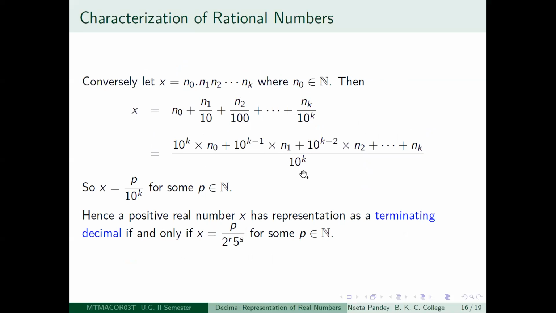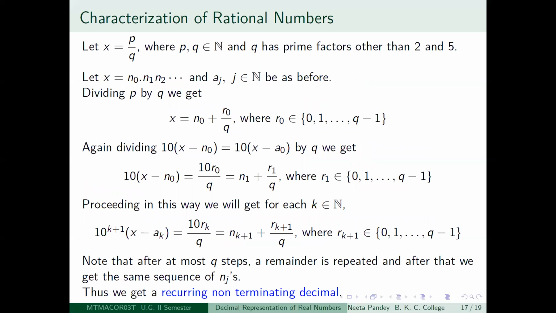So you take the common denominator 10 to the power k, you will get that x will look like p divided by 10 to the power k for some p in N. So precisely what do you get? That terminating decimals are rational numbers whose denominators have prime factors only 2 and 5. Okay.